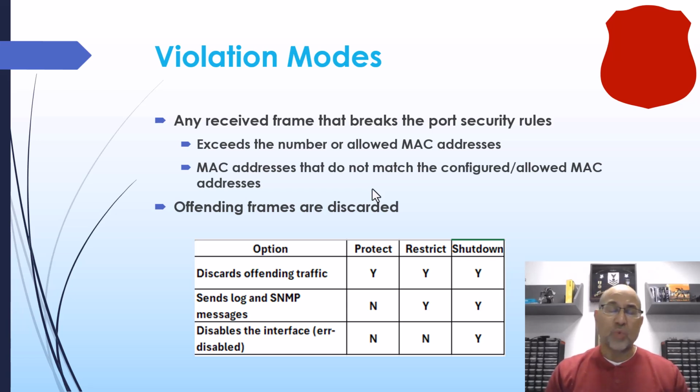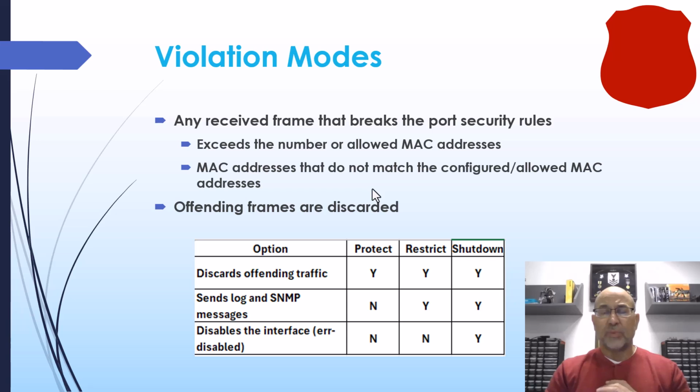So what happens when we break the rules? Well, we've got 3 violation modes that we can use. We saw that there was protect, and then restrict and shutdown. So that's in the table to the side of me here. And the difference is in the response.